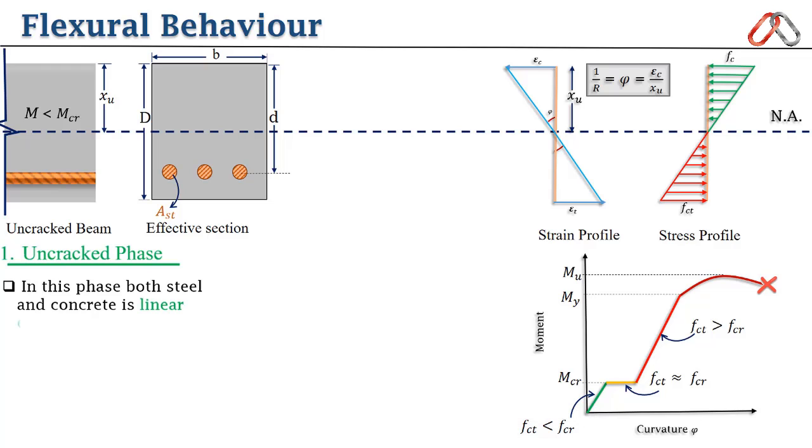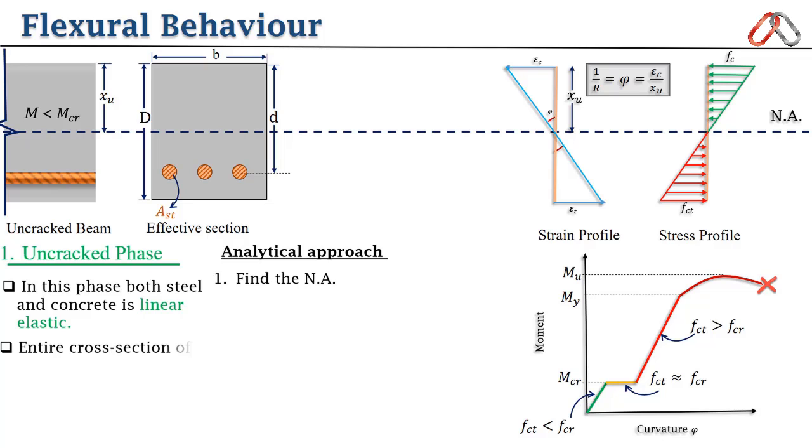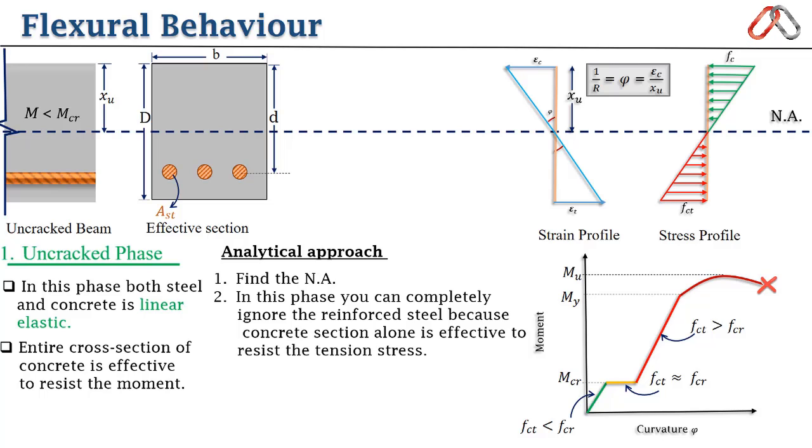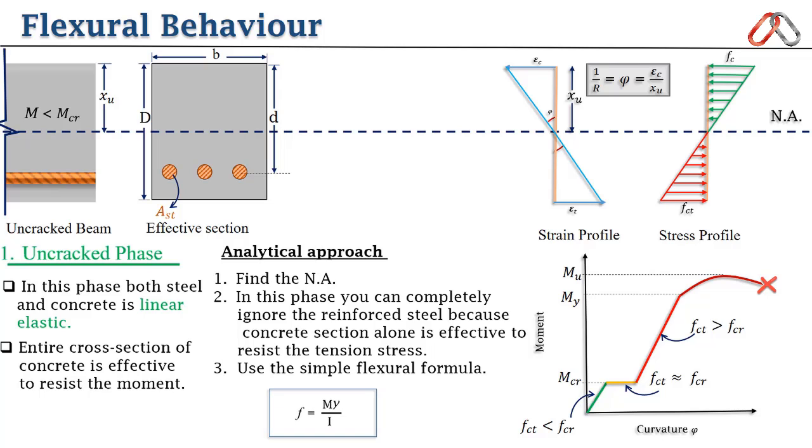The analytical approach to solve this type of problem is to first find out the location of neutral axis. Here, the entire cross-section of concrete is effective to resist the moment. In this case, you can completely ignore the reinforced steel because concrete section alone is effective to resist the tensile stress. We can apply the simple bending formula to analyze the stresses.